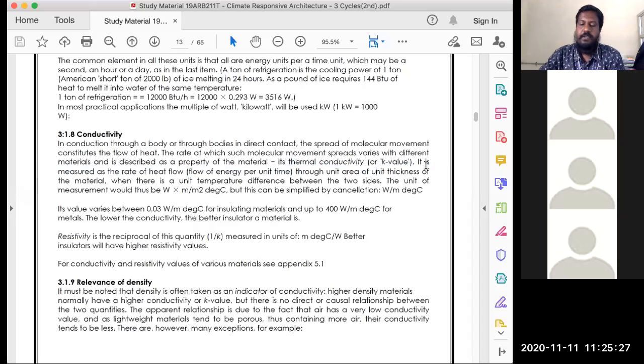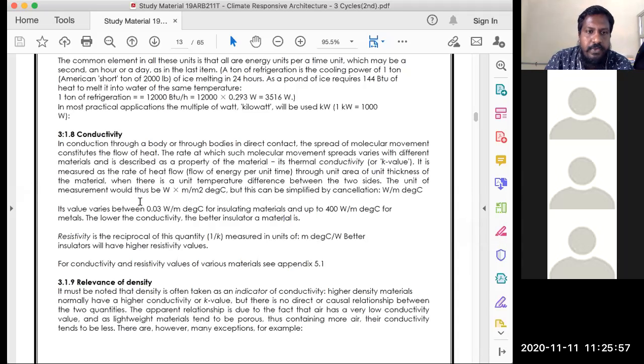Each material will have a conductivity value, could be wood, could be hair, could be water. Every material has a limitation, and this conductivity varies from one material to another. Another thing is the thickness of the material. The same material with very different thickness will affect the conductivity ratio also.